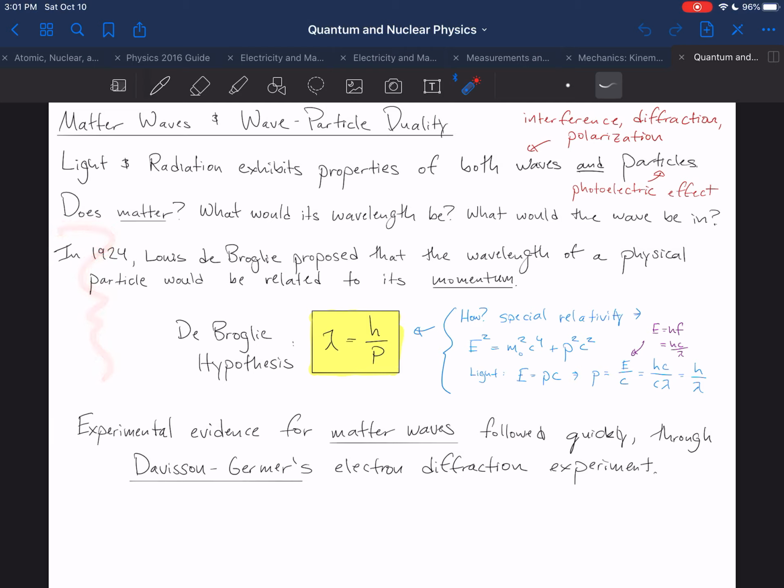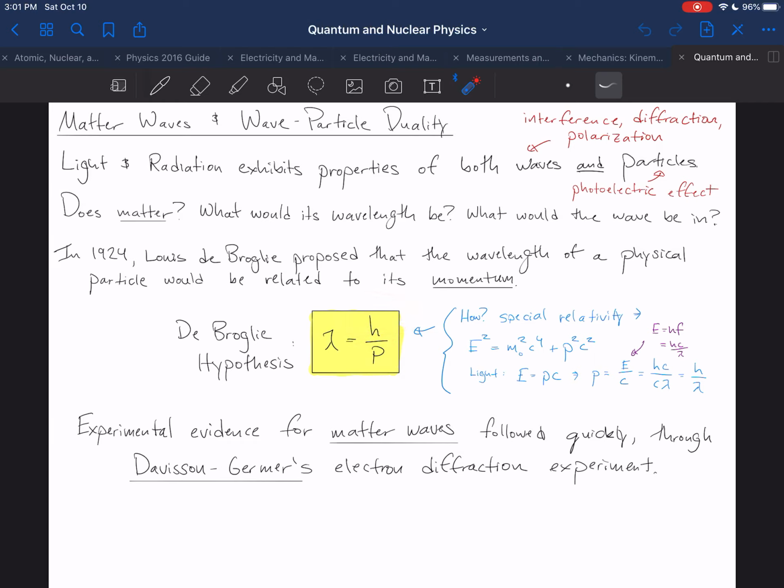So jumping in a little bit, in 1924, Louis de Broglie, a French physicist, proposed that the wavelength of a physical particle would be related to its momentum. In particular, he established the de Broglie hypothesis, which is that the wavelength of a particle would be equal to h, Planck's constant, divided by its momentum.